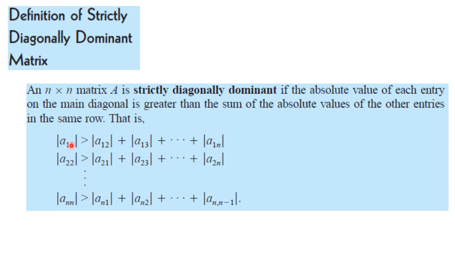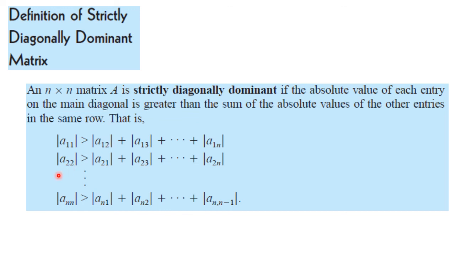Students, what do you mean by that? These are the diagonal entries. The first diagonal entry for the first row is a11. If you take the absolute value, meaning you don't consider the negative sign, this absolute value should be greater than the sum of all the other values in that row.